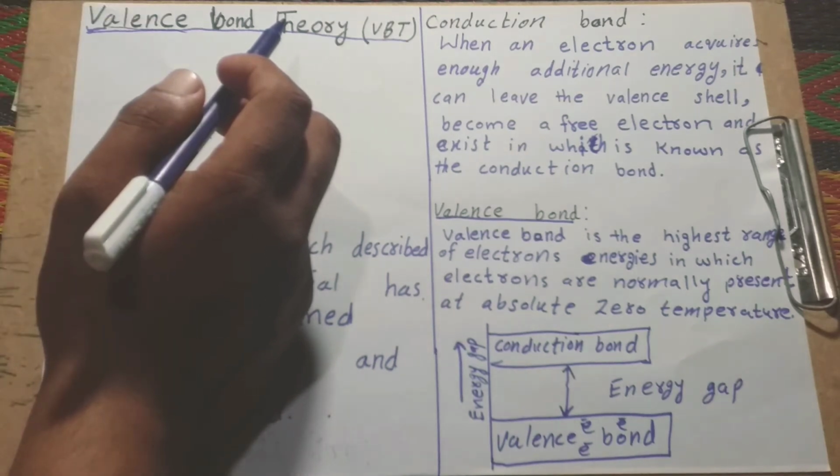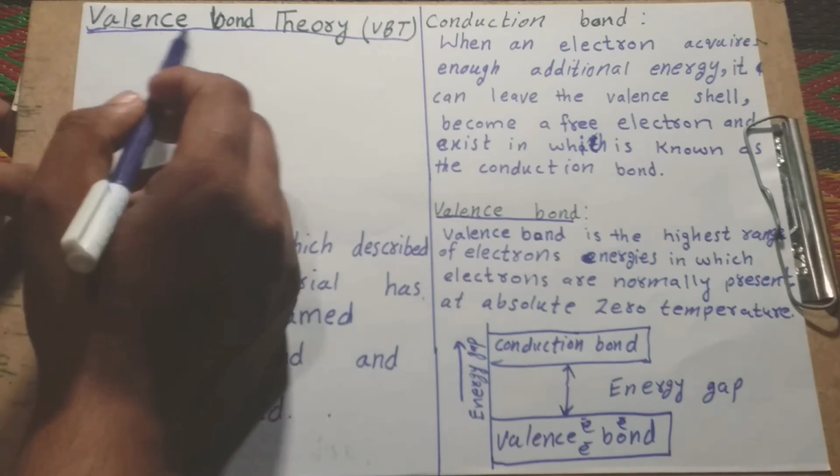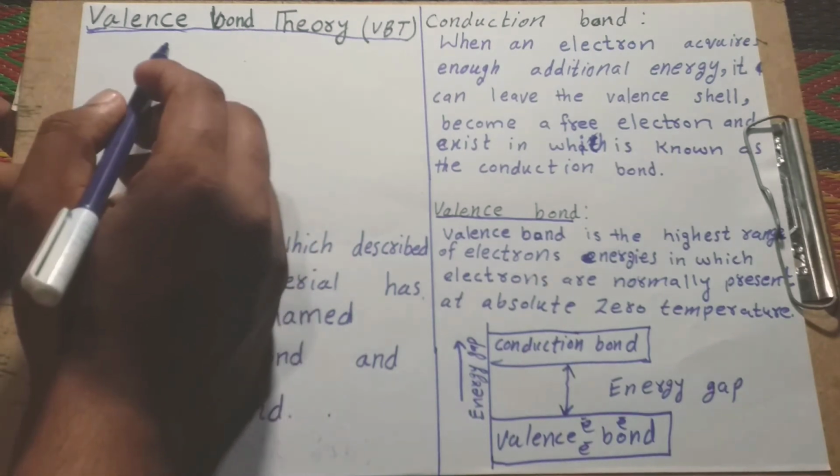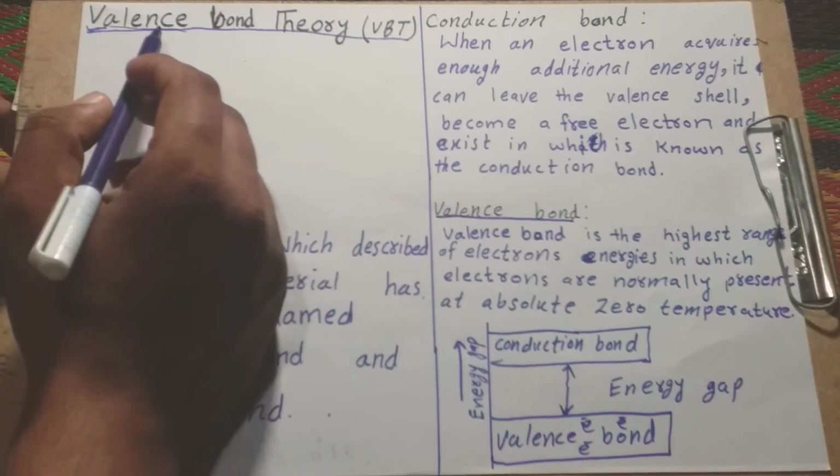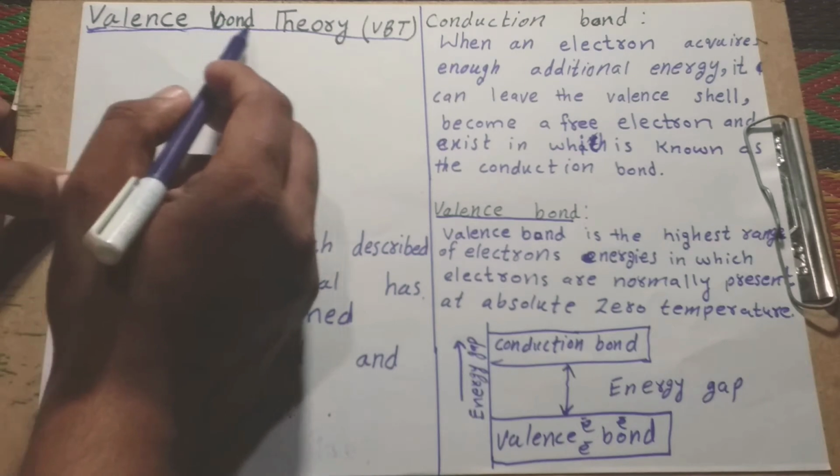After inorganic, you get more concept. Valence bond theory gives the bonding in the form of overlapping atomic orbitals.